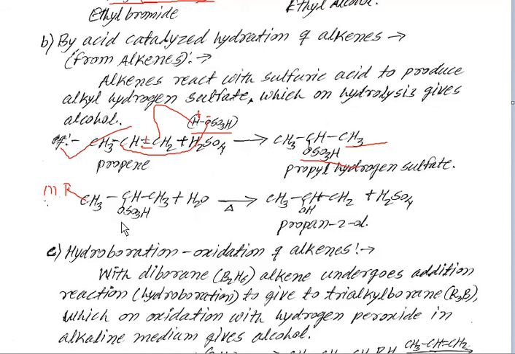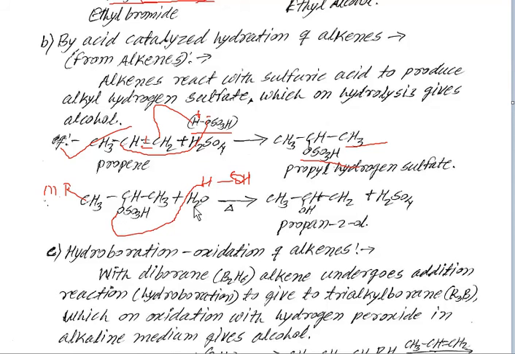When that propyl hydrogen sulfate reacts with H2O, that is HOH, the hydrogen atom combines with the SO3H because it is negatively charged and that hydrogen atom is positively charged.